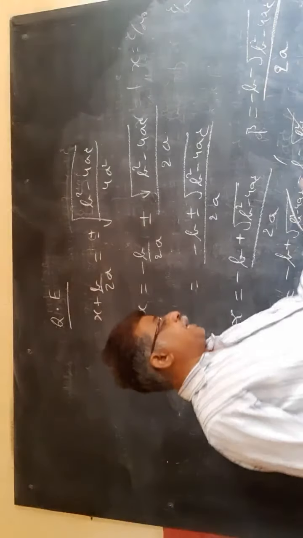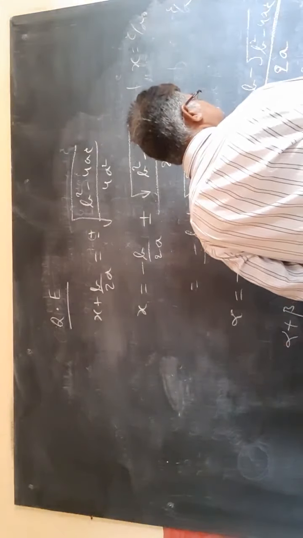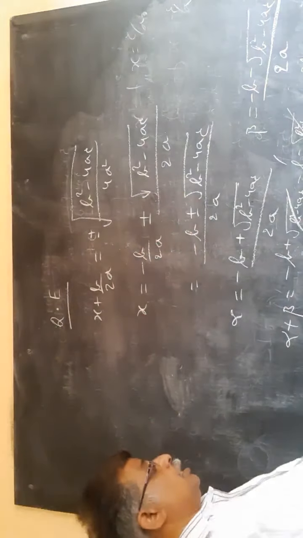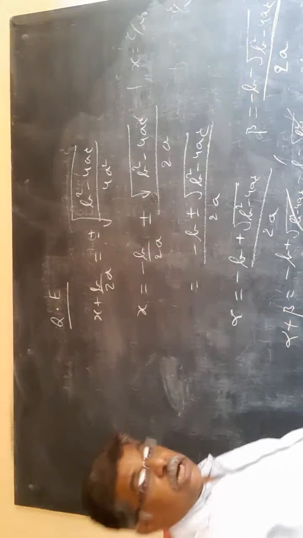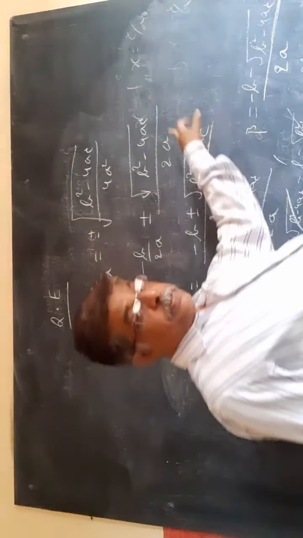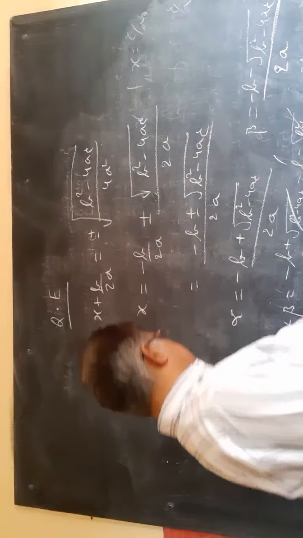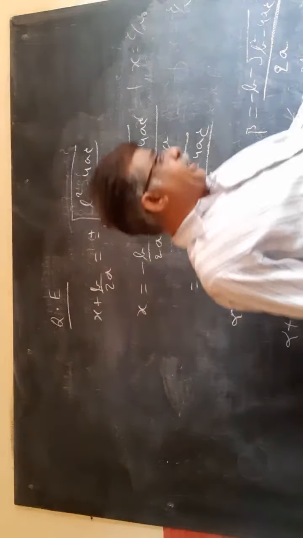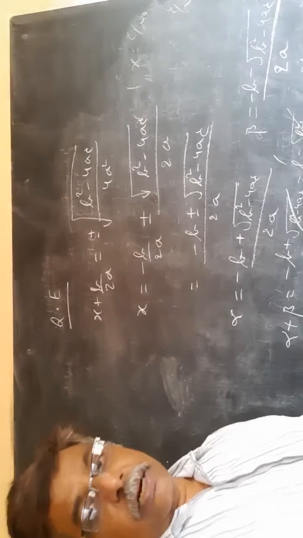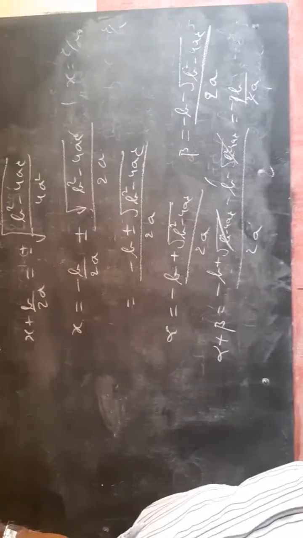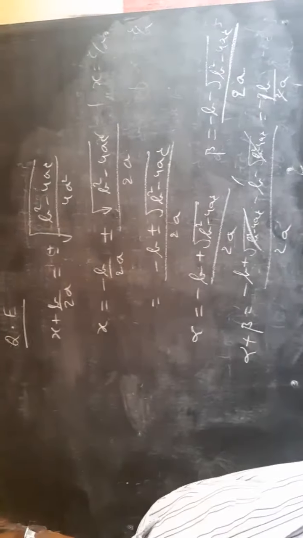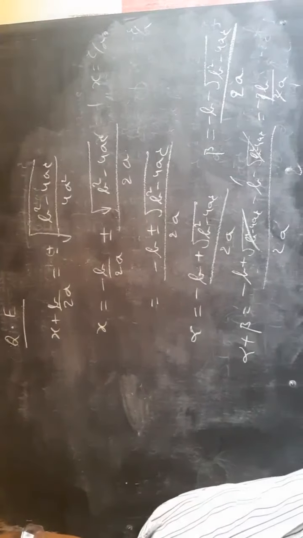Now, minus b minus b gives 2b by 2a. 2 gets cancelled. So, the final result is x equal to minus b plus or minus root of b square minus 4ac by 2a, and alpha plus beta equal to minus b by a. Sum of the roots alpha plus beta equal to minus b by a.